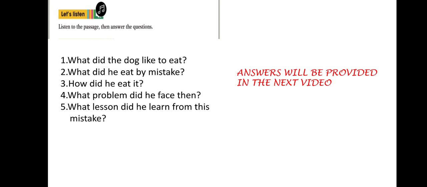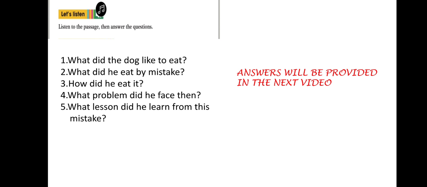What did the dog like to eat? When you listen, I will say something, so you have to listen carefully, then find out the answers. First question: what did the dog like to eat? What did he eat by mistake? Then how did he eat it? And then what problem did he face? What lesson did he learn from this mistake?